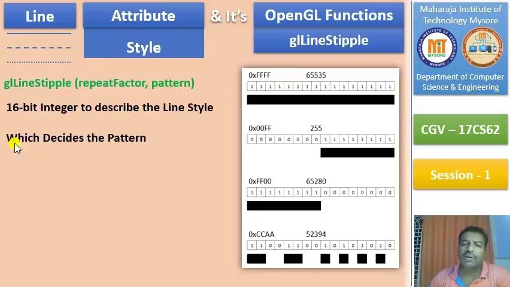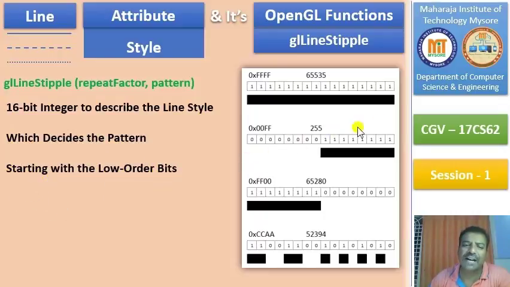So the pattern I give decides what type of line we are going to draw, and the pattern will always start from the lower bits. Hence, if I'm using this as the pattern value, first we're going to draw, then we are going to turn it off. We write the pixels, then turn off the pixel, and the line continues with drawing and turning off, drawing and turning off, and so on.